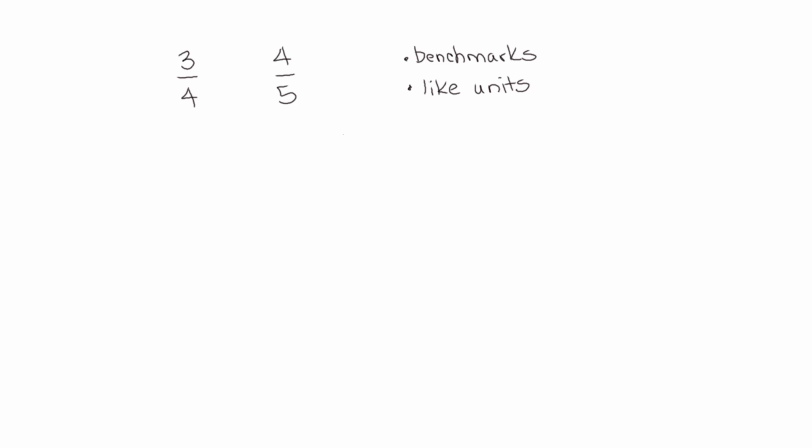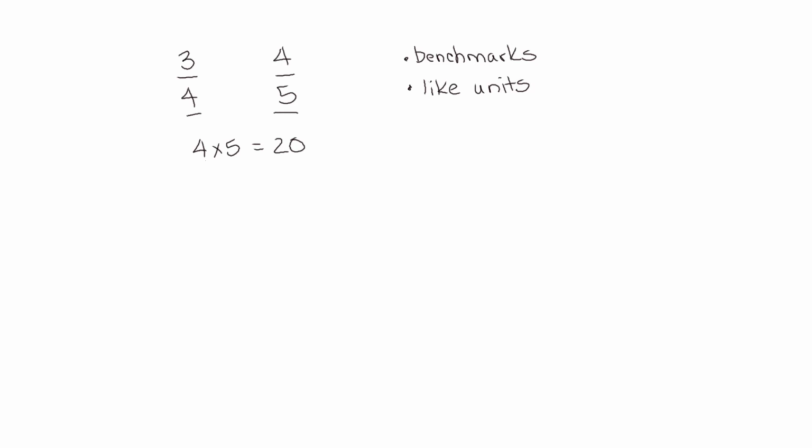But there is a strategy that always works, and that is to take the two denominators, in this case 4 and 5, and multiply them together to get a product, which is 20. So if we decompose each of these fractions separately into an equivalent fraction with a denominator of 20, then it's easy to compare them.